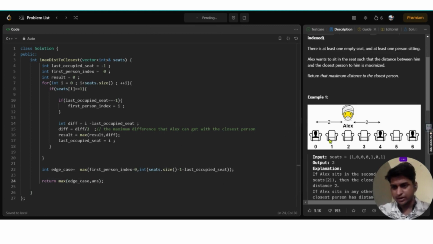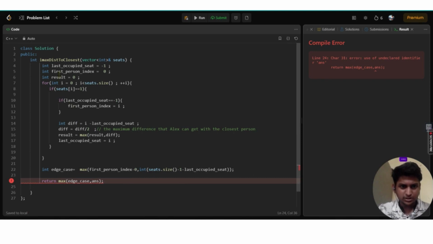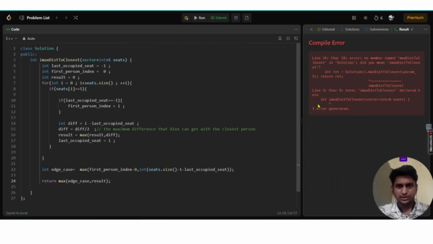Now let's see what we are getting as an output. I hope everything is fine here. Okay, this is not answer, this is result. We are using result here. Okay, now it should run fine. Let's see.